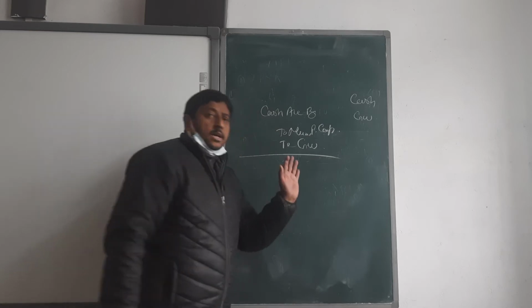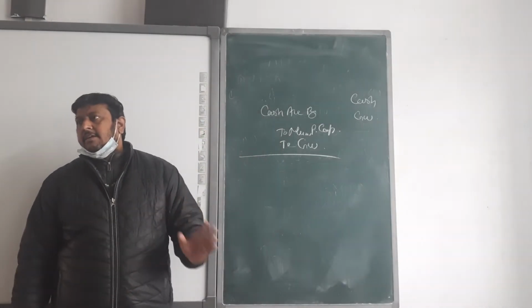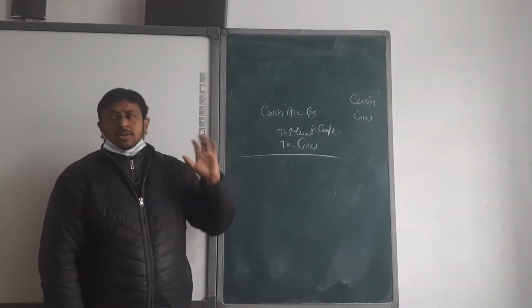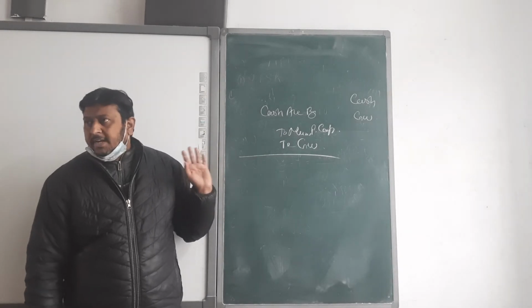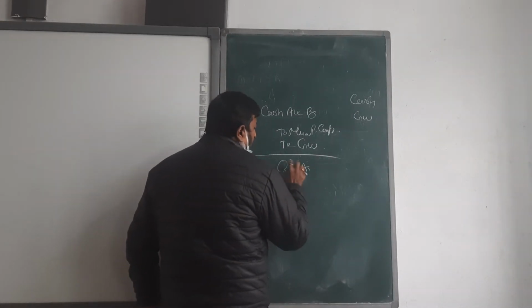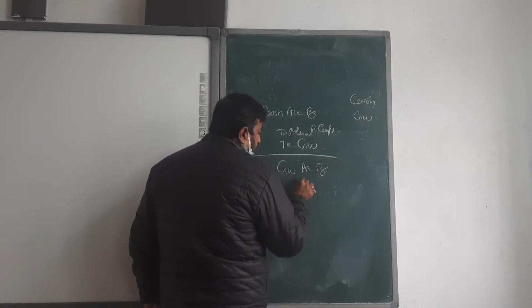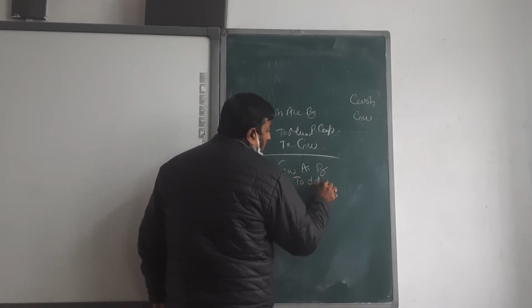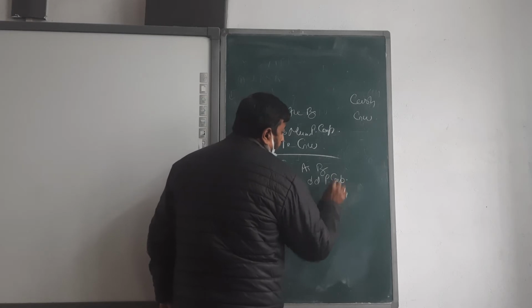This entry is a set. When the question says a new partner is admitted, you are sure and certain to do this entry. Then next, distribute this goodwill: goodwill account debit, to old partners' capital.